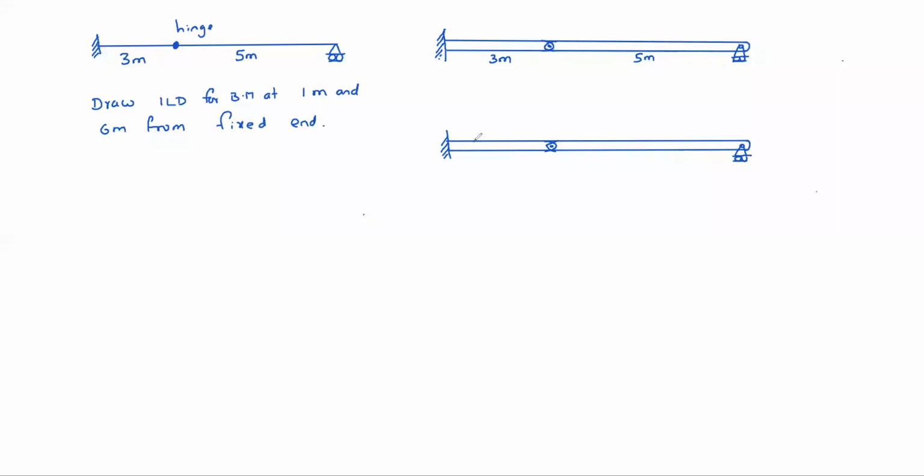That means here, make it hinge here, because we need an ILD for bending moment at this location. That's why we are forming that as a hinge.